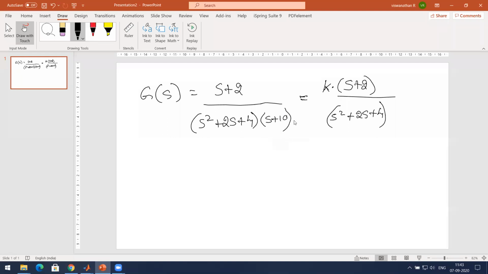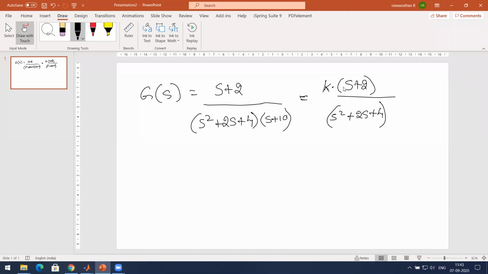We removed this s plus 10 over here, so you need to add some k gain to this second order system. If you multiply some gain, will the order of the system change? No, sir. It doesn't change. So the order of the system remains the same. So what you need to do is find this k.